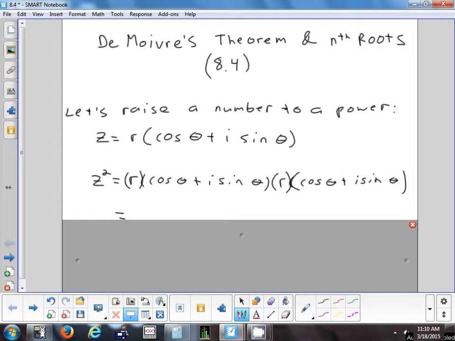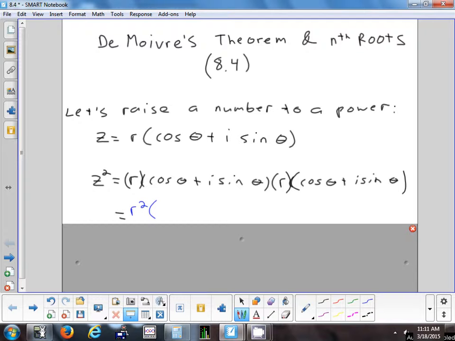Let's put the r's next to each other, and we're going to multiply them in the same step. So James, if I put the 2 r's next to each other and did that out, what's r times r? R squared. Okay, and now I still have the rest of it. Cosine theta, i sine theta, cosine theta, i sine theta.